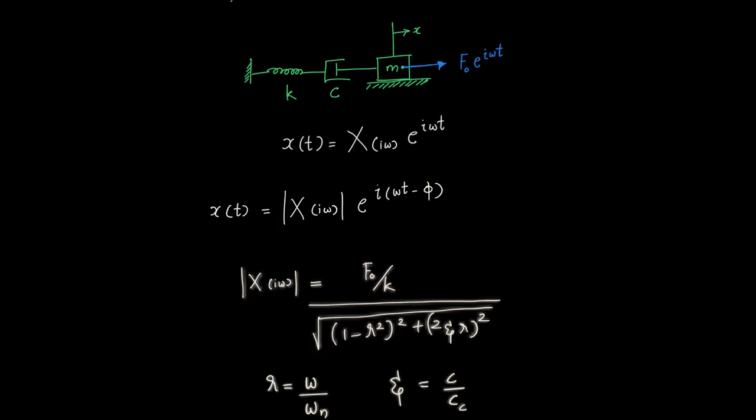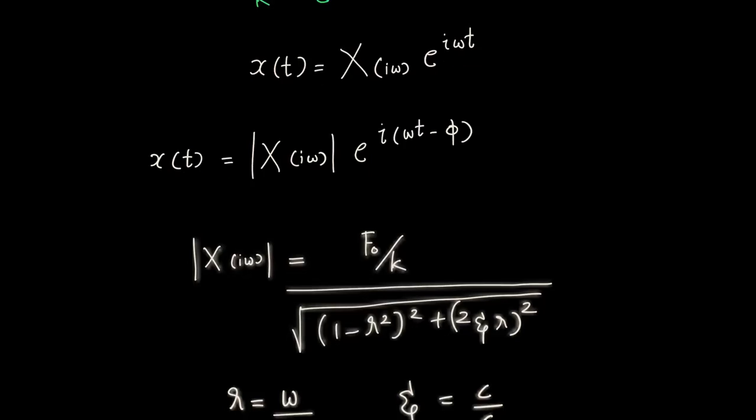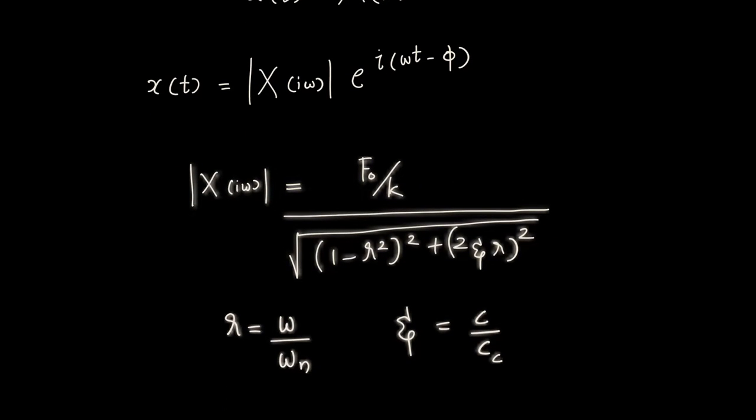In the earlier video I established that the response will look like this: x of t equal to modulus of X of i omega, e raised to i omega t minus phi, where this is the phase difference and this is the amplitude of the vibration. We are interested in the amplitude of the response because in the question it is provided as 50 mm.